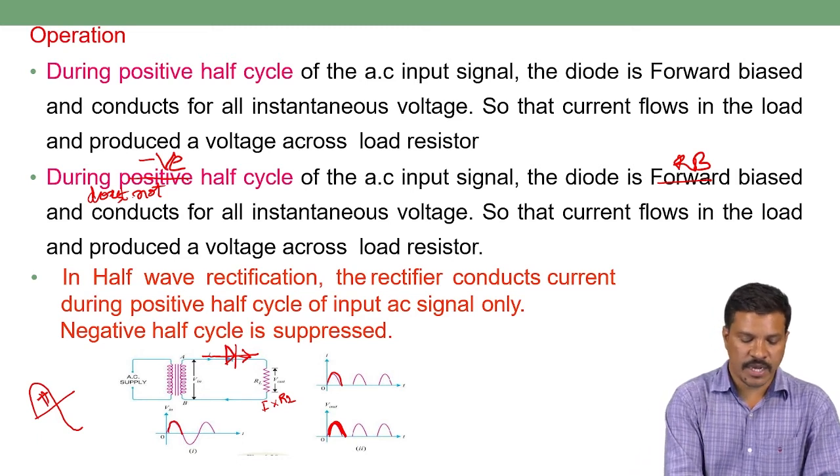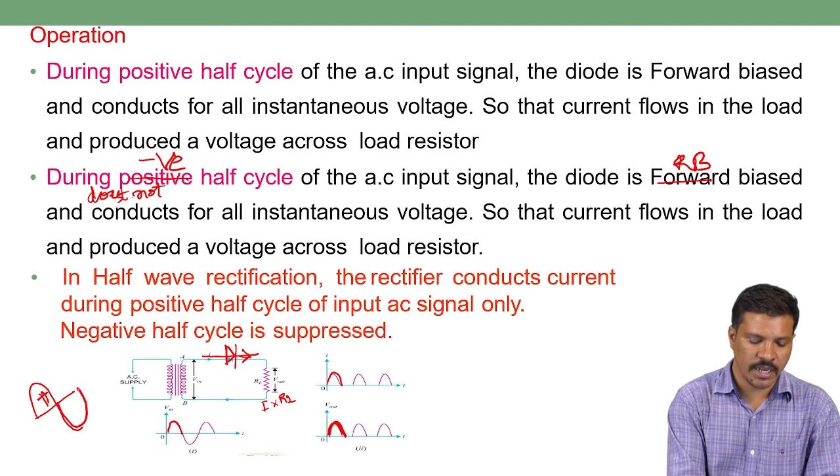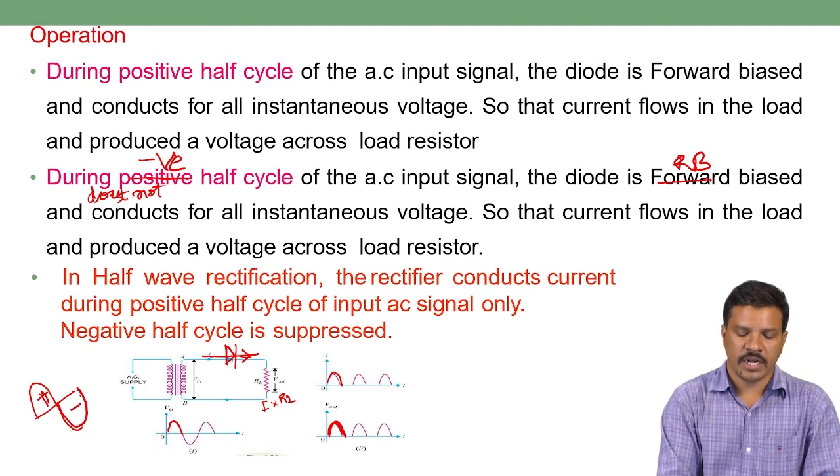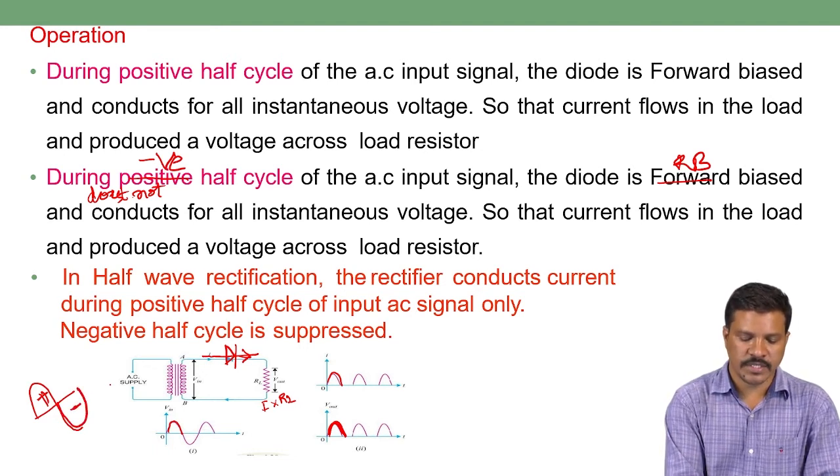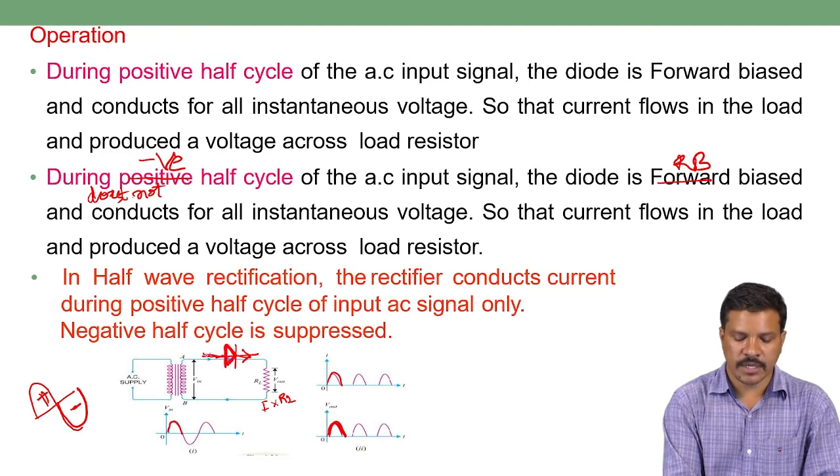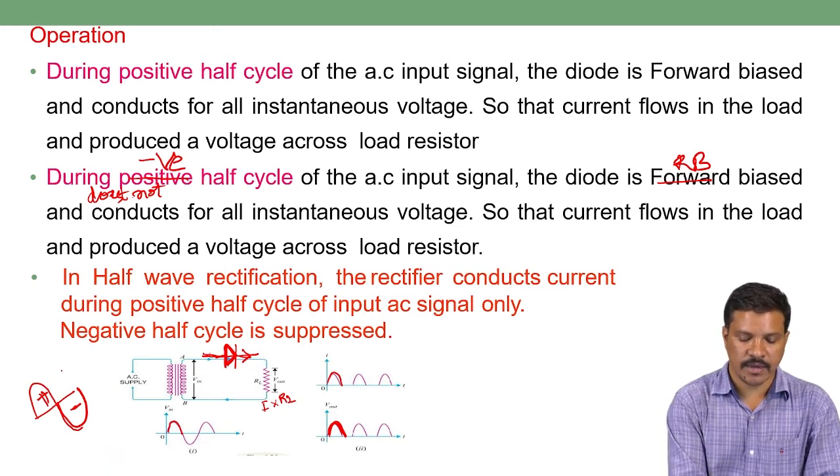So in reverse bias, what happens during the negative half cycle: the negative is connected to the P terminal of the diode. When the diode is connected this way, it is said to be reverse biased. When the diode is in reverse bias, it acts as an open circuit.